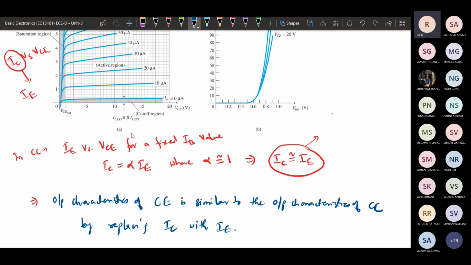In the output characteristics of common emitter, if we replace IC with IE, then the same output characteristic will be there for the common collector also.